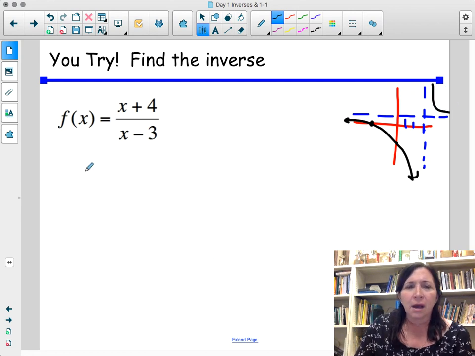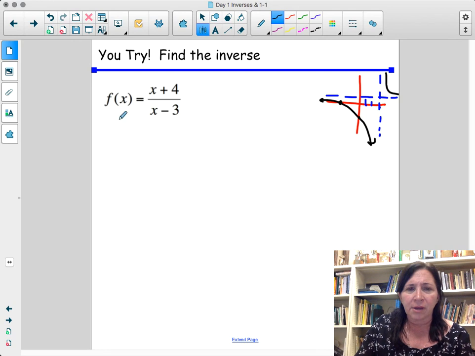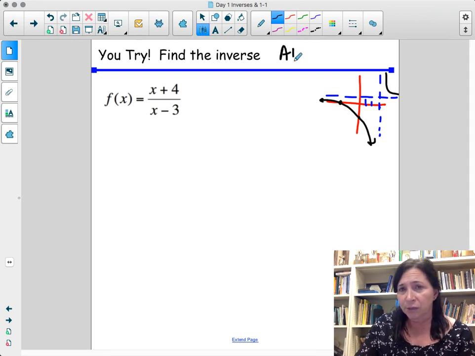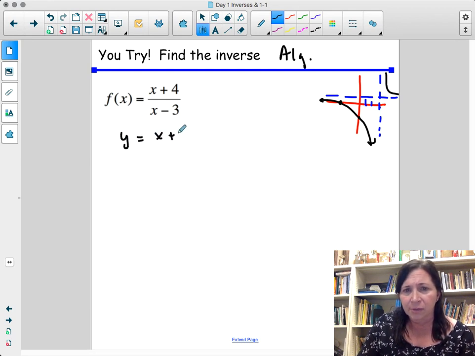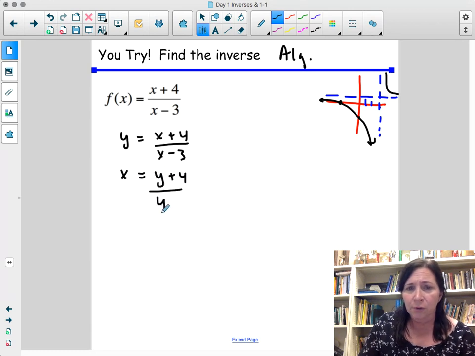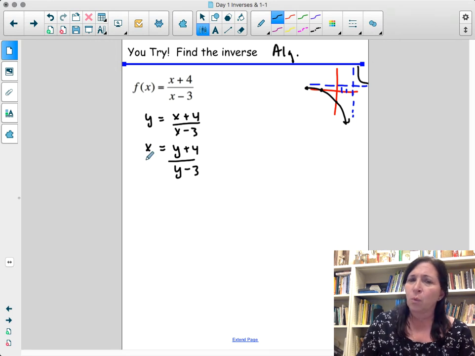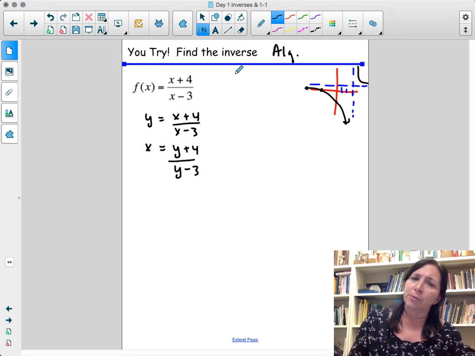Okay, cool. So for that, I'm going to find the inverse using algebra. I'm going to find it algebraically. And so in doing that, again, I go y equals x plus 4 over x minus 3. I'm going to switch my x and my y. So now I have x equals y plus 4 over y minus 3. And in order to solve for y, I'm going to cross multiply.